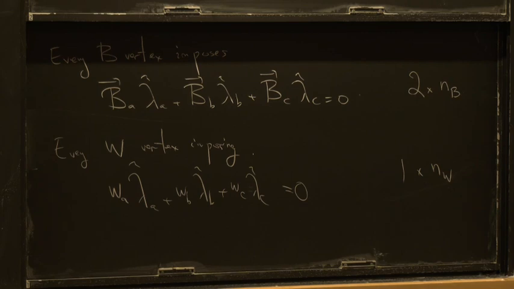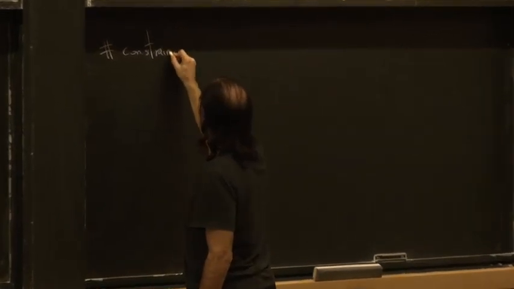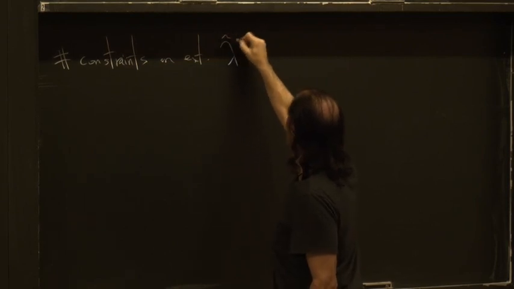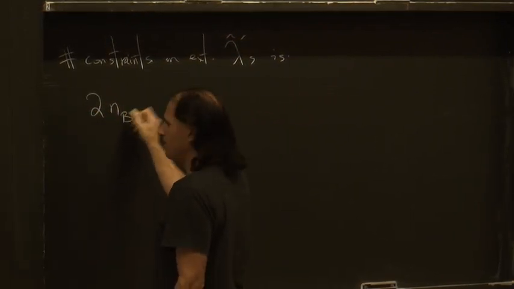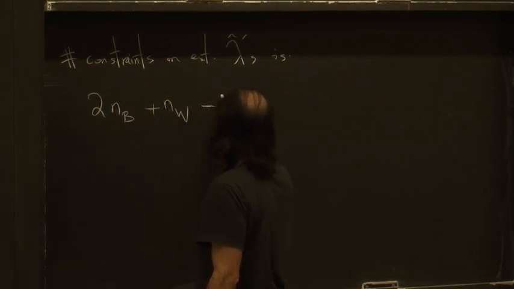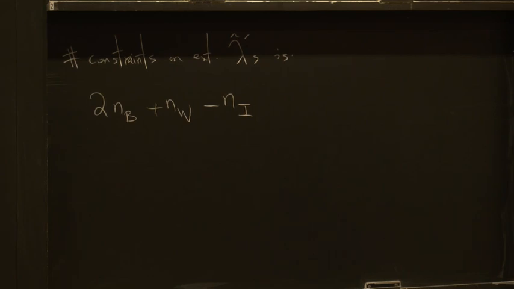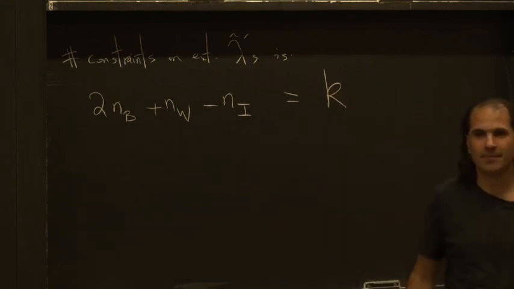So the number of constraints on external lambda tildes is 2nb plus nw minus n internal. Okay? Now, not coincidentally, this number is also the k of the on-shell diagram.